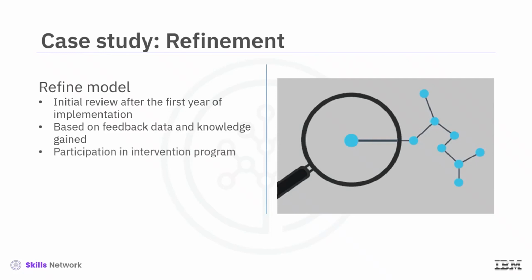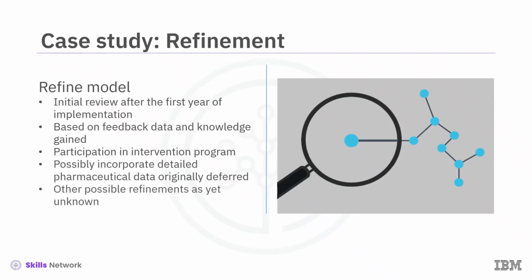Other refinements included incorporating information about participation in the intervention program and possibly refining the model to incorporate detailed pharmaceutical data. If you recall, data collection was initially deferred because the pharmaceutical data was not readily available at the time. But after feedback and practical experience with the model, it might be determined that adding that data could be worth the investment of effort and time.